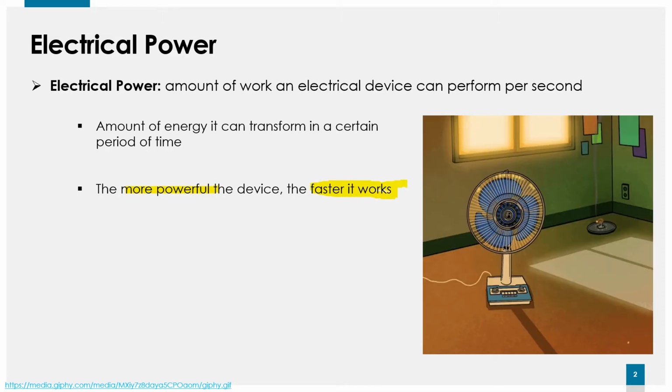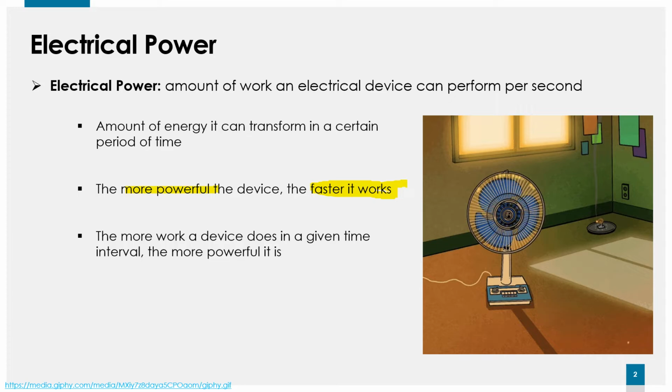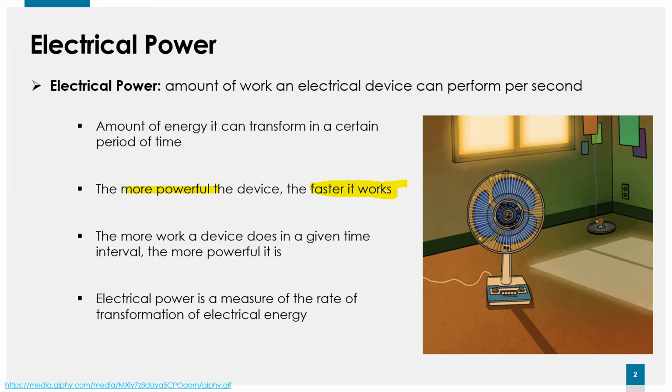For example, if I have a fan that is more powerful, it means it can work faster, okay? And deliver better movement. The more work a device does in a given time interval, the more powerful it is. Electrical power is a measure of the rate of transformation of the electrical energy.